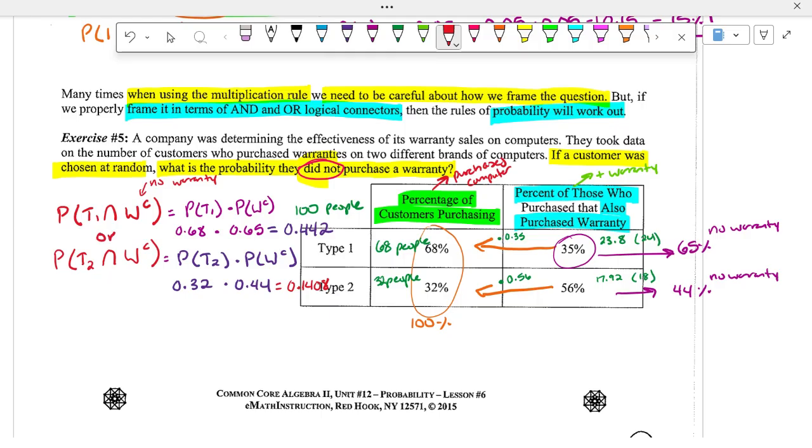So they want to know whether they got this one or this one. So how do I calculate? Nope. Addition. Keyword. Or. So we want the probability that they got T1 and no warranty or T2 and no warranty.